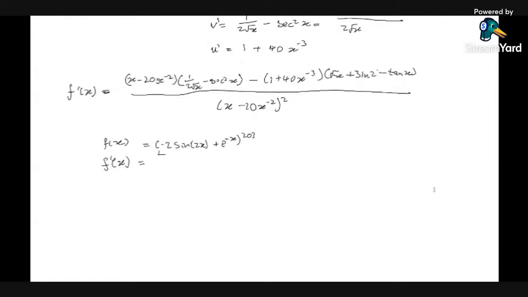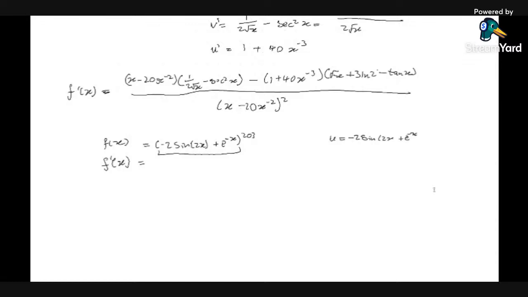outside part is basically just equate everything inside the bracket as u equates to negative 2 sine of 2x plus e to the power of negative x, right? Okay.